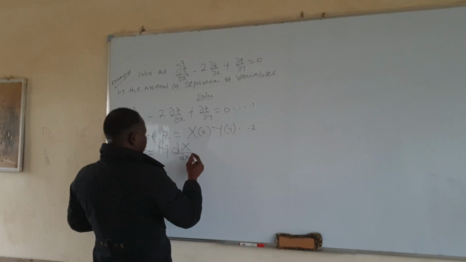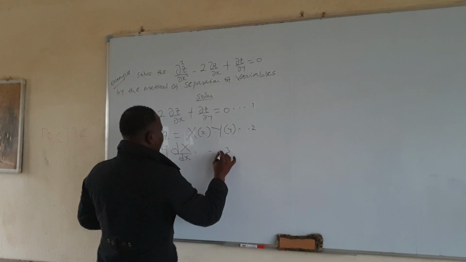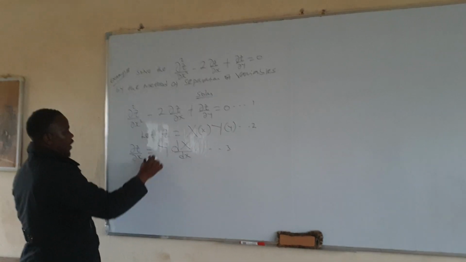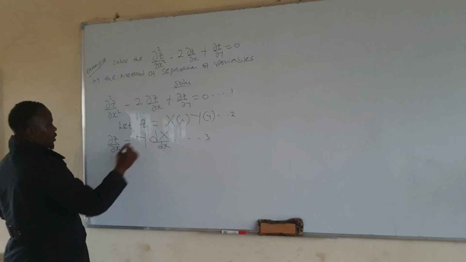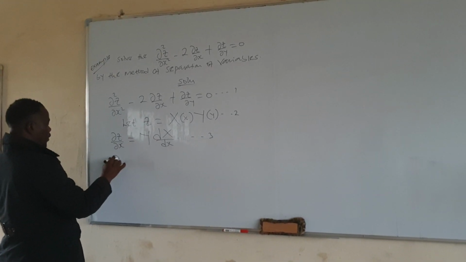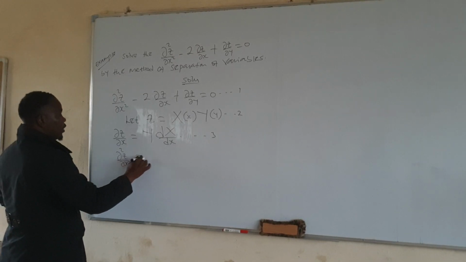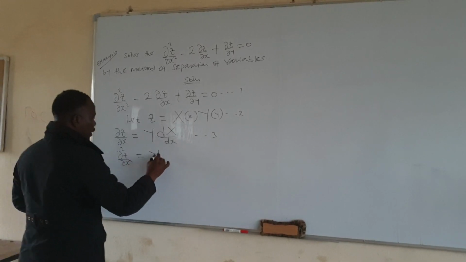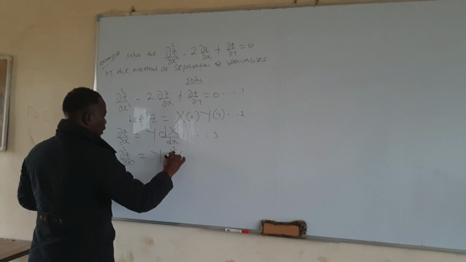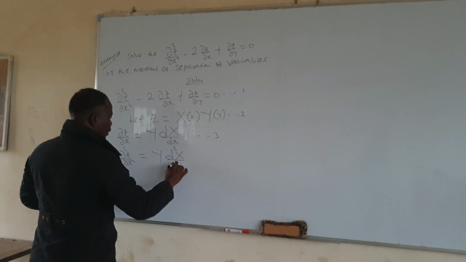We assume this to be equation 3. Then differentiate it again. Differentiating equation 3, we have partial square z all over partial x square equals Y d square X all over dx square.